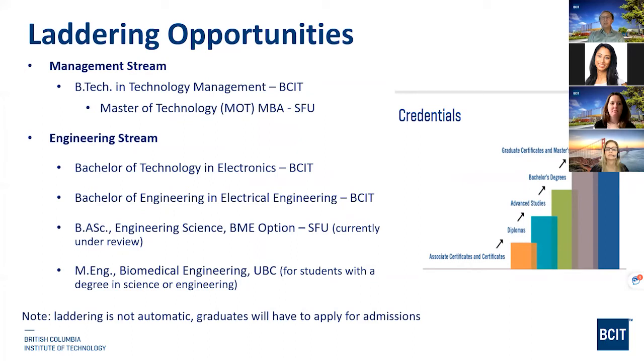And there's also an engineering stream. Students can get into the Bachelor of Technology in Electronics at BCIT, and then they can become a professional engineer. There are also other engineering opportunities, for example getting into SFU or UBC. This is not automatic, but you will get transfer course credit from the diploma.